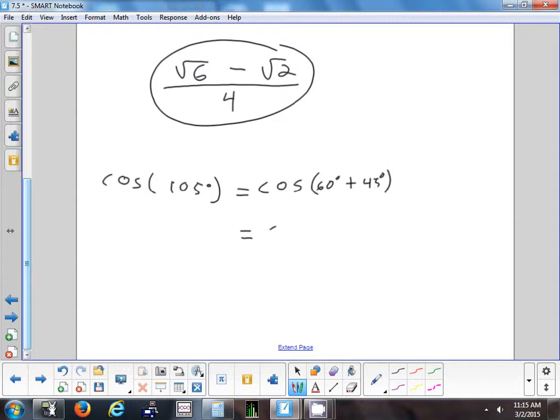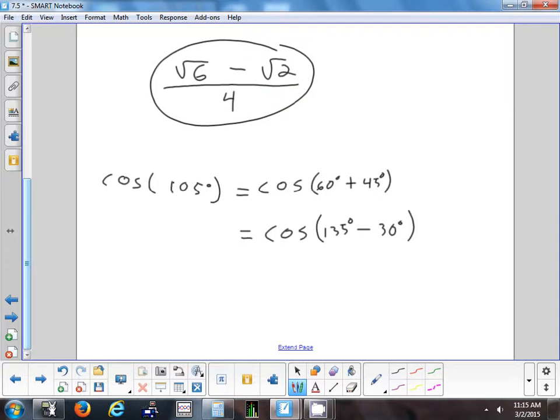You could also do it as a difference. Before I write it, does anybody see the way to do it as a difference? So the angle that you'd have to start out with, that's a multiple of 45, is 135 and 30.